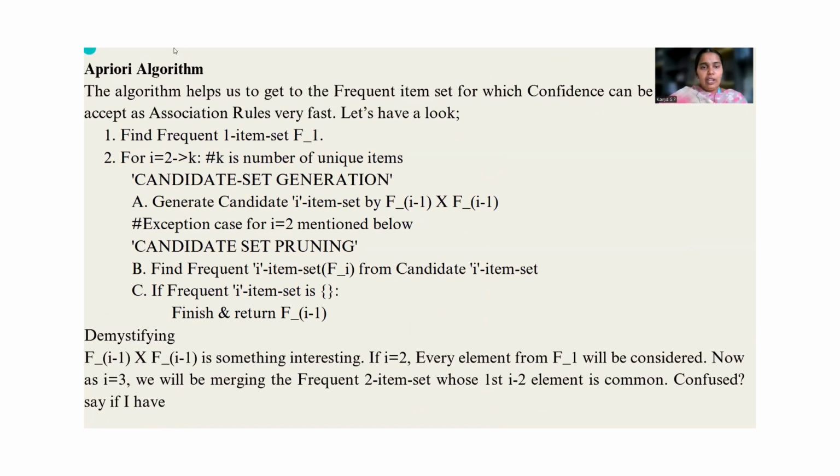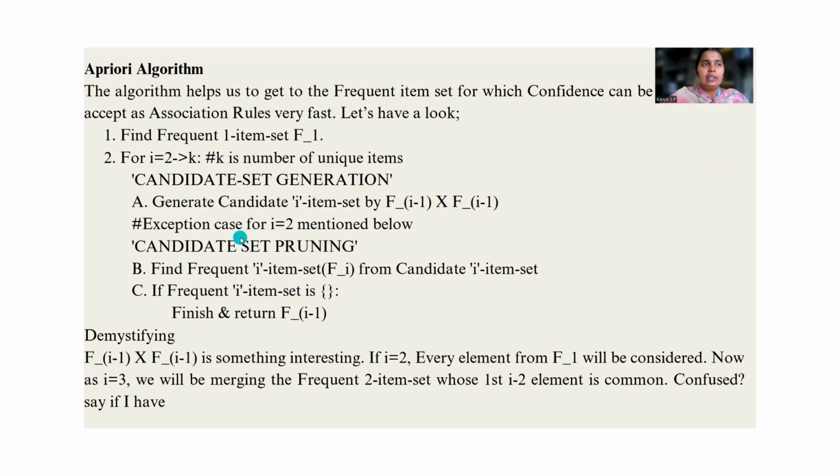So in the apriori algorithm, we have to find frequent item set F1 for all possible combinations, where k is the number of unique items. For all possible k values, we have to identify item sets, and we have to do the candidate set generation. The candidate set generation is nothing but the items that are being brought together, right? On identifying that, we have to do pruning.